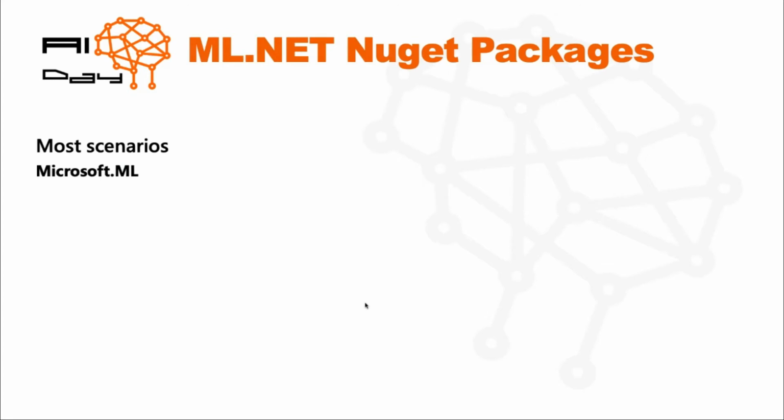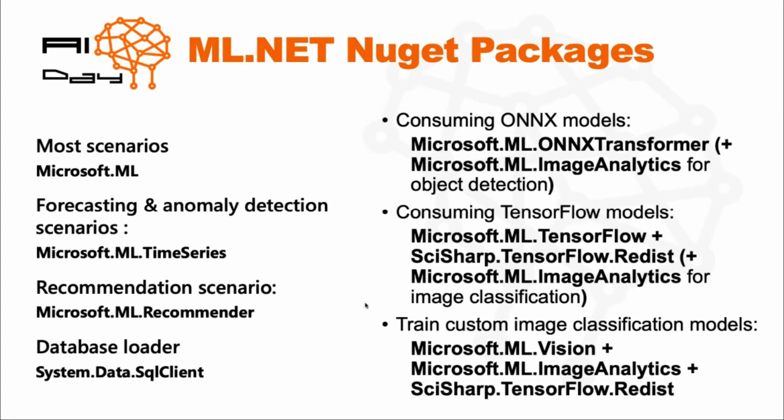It is quite easy to start with ML.NET. All you need is to add the Microsoft.ML NuGet package in your application. And then you might add some extra libraries or packages, depending on the type of application or on the purpose of your code.